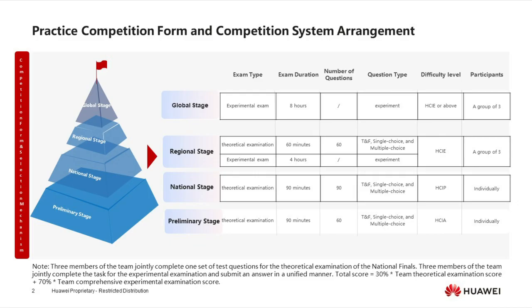The final result of your group will be 30% of your written examination result plus 70% of your experimental examination result. And your theory examination result is the average of the 3 of you.